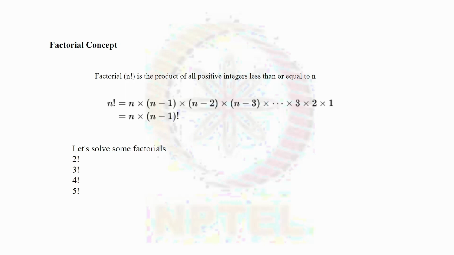I've seen some answers coming up. Yeah. So when we calculate a factorial, we start from the highest number, then keep on multiplying with the integers which are less than the initial number till we reach 1.